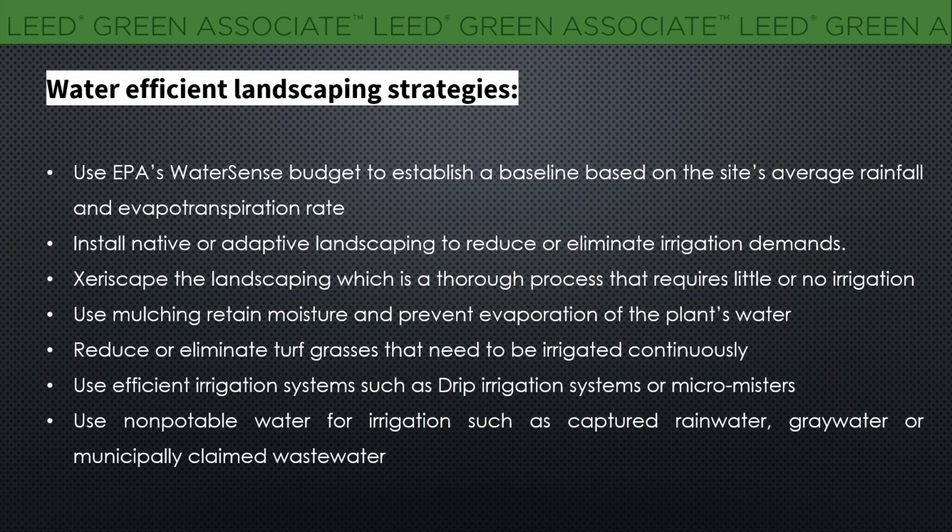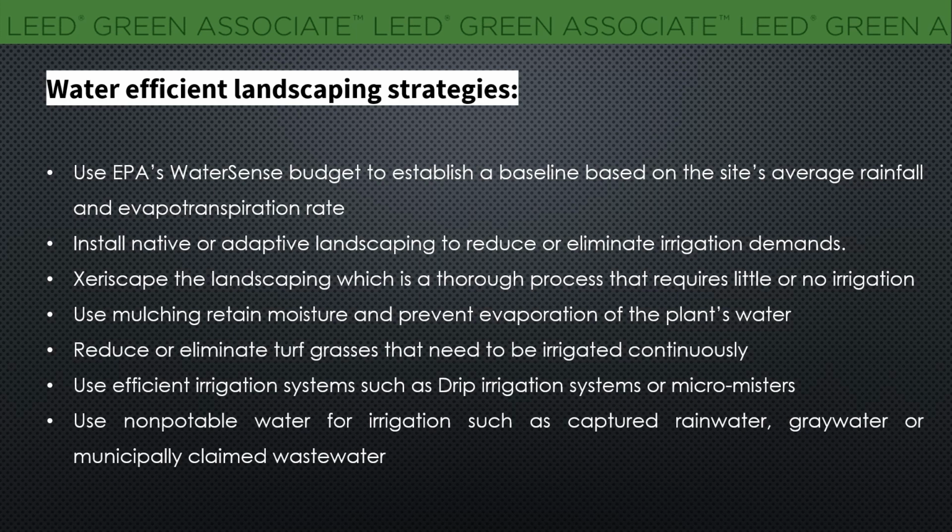Well, I have listed some of the landscaping strategies you can adopt for water efficiency. They are: install native or adaptive landscaping to reduce or eliminate irrigation demands. Xeriscaping is a wonderful example of that because it requires little watering. Use mulching to retain moisture and prevent evaporation of the plant's water.